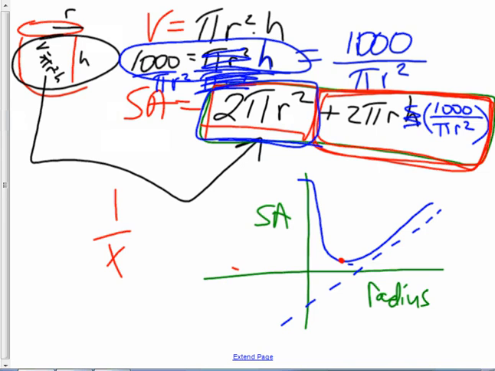So that's what you have to find. And what will it be? It'll be a radius. And let's say that that's at 7. Then you have just figured out, for having a volume of 1,000, you're going to want a radius of 7. Wow. I'm not saying the answer is 7. You have to figure out the answer by graphing it.